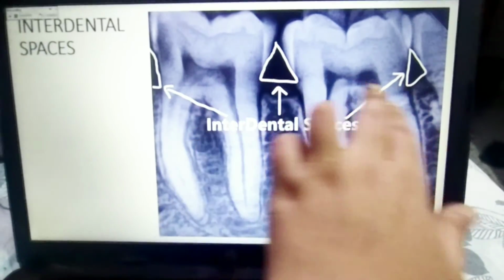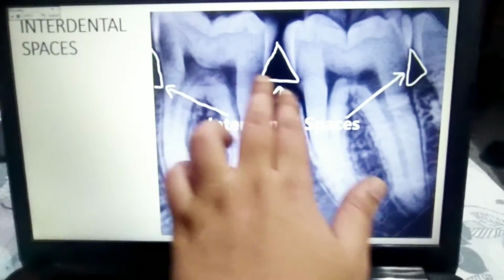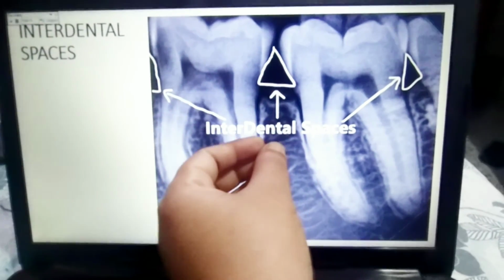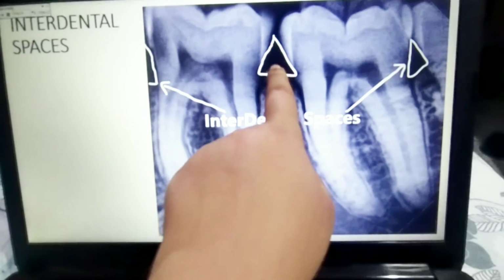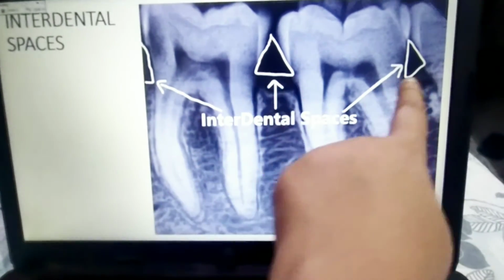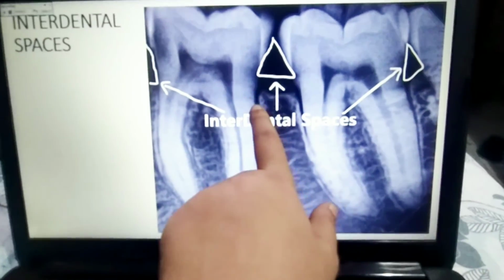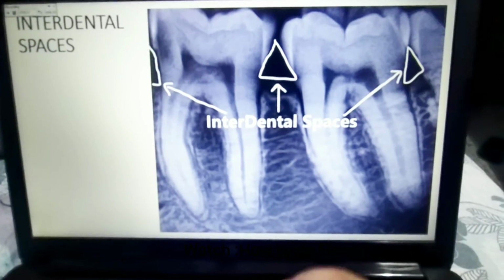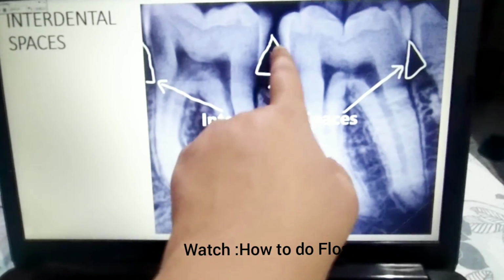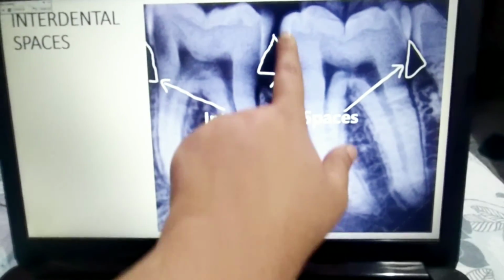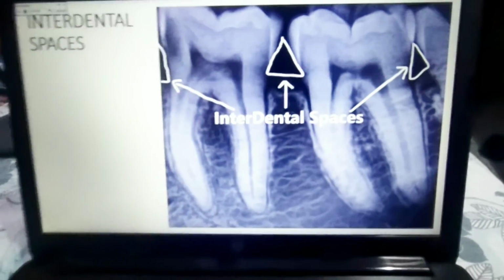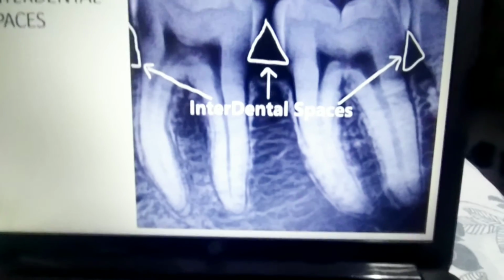These are natural spaces where, when your food gets stuck, it usually comes out. So it is very, very important to clean this area, and that is to be done with floss. For that, please watch the video on how to floss. These are very common areas for cavities, and if you're not cleaning over here, you're likely to have a cavity. So start flossing today.